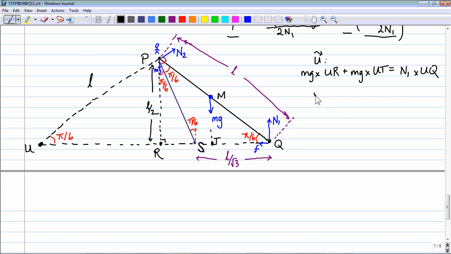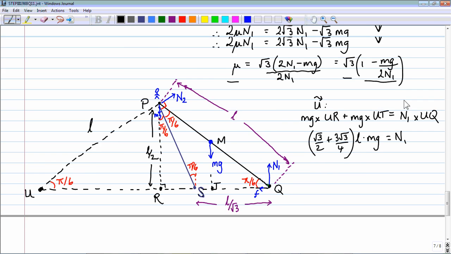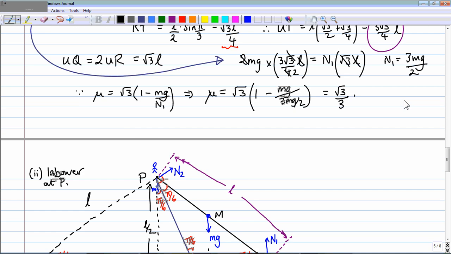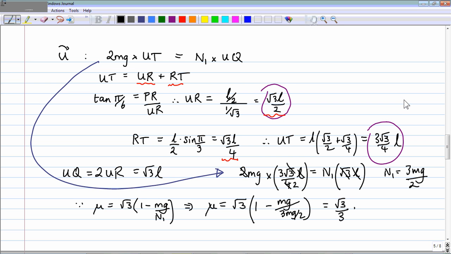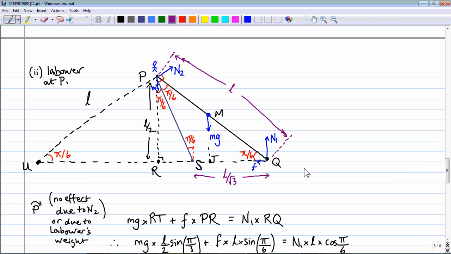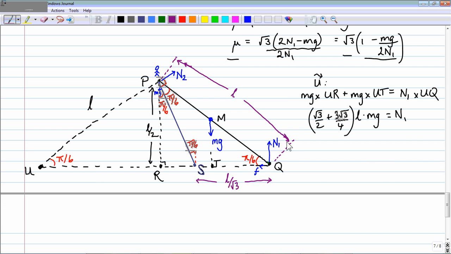So root 3 over 2 plus 3 root 3 over 4, times L, is the value of UR plus UT. So this needs to be multiplied by mg, and then N1 as before is multiplied by UQ, which we worked out to be root 3L. So that's root 3L there.